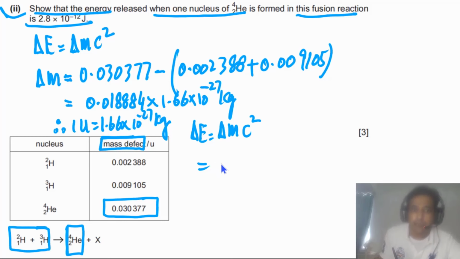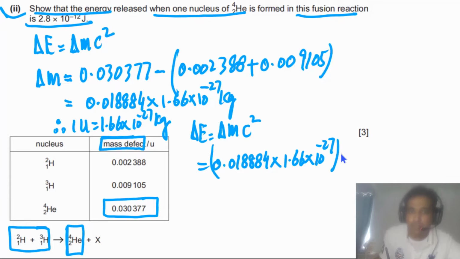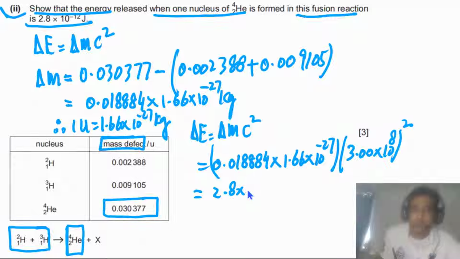So we have the value of delta M, that is equal to 0.018884 multiplied by 1.66 times 10 to the minus 27. So this is the mass defect. We will multiply this one with 3.00 times 10 to 8 squared, and if we solve this one, we will get 2.8 times 10 to the minus 12 joules.